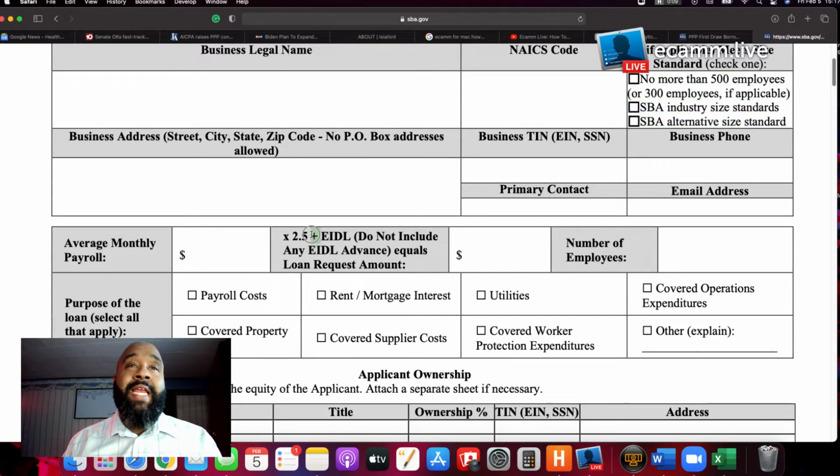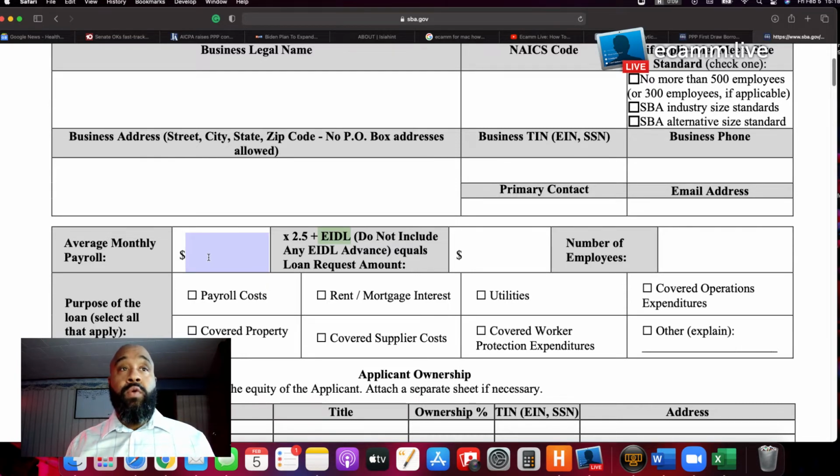Then, this is key, times 2.5, add any EIDL you had. So let's say you had a 40,000 EIDL. So $100,000 a year is your cost. You have 10 employees.